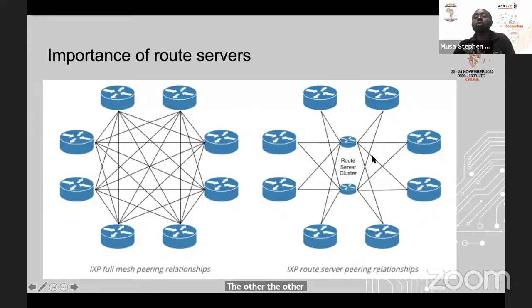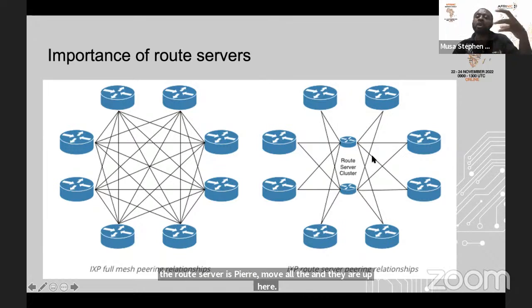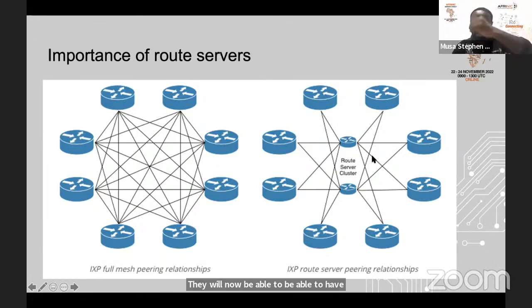So no need to peer with all the exchange point participants. You just peer with the route server, and since the route server is peering with all the other peers, you will be able to have the routes of each of these peers.